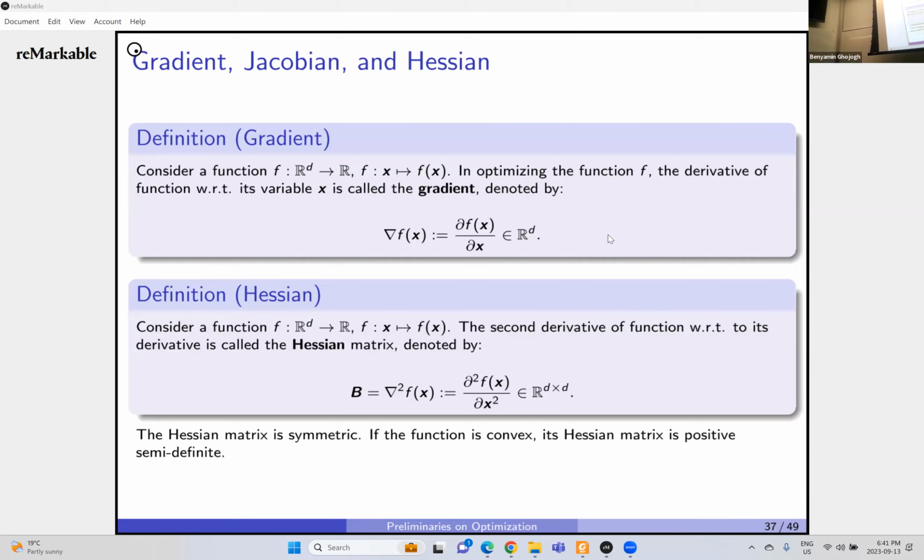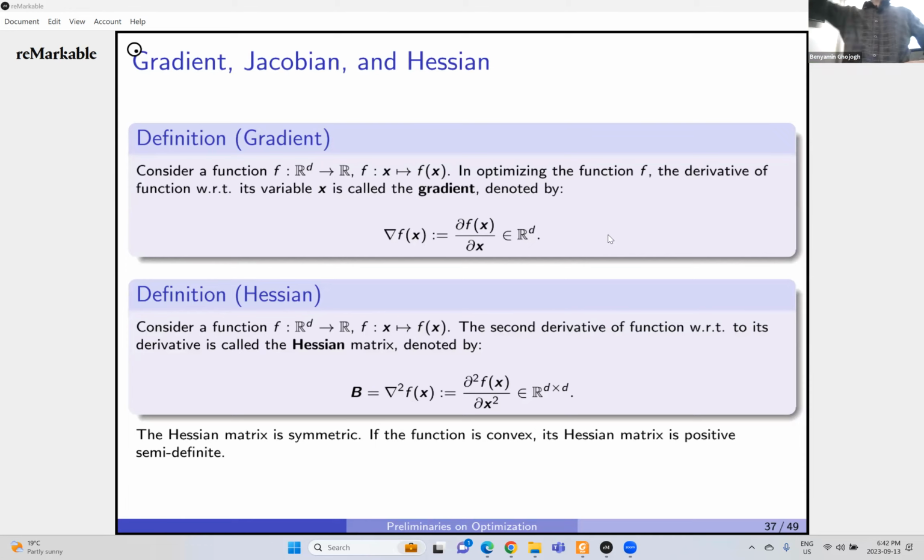In simple words, first order derivative, gradient, and Jacobian are the same thing. But there's some slight difference between them. Usually, when the derivative becomes a vector or a matrix, and especially when it becomes a vector, we call it gradient. So when the function, assume you are taking the derivative of a scalar function.